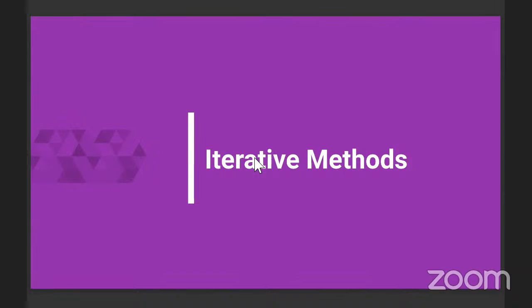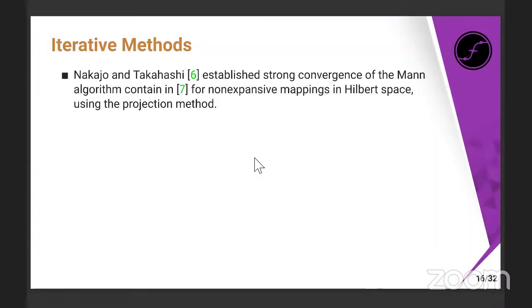Consequently, many efforts have been devoted by different researchers in this important area, and they developed many iterative algorithms. For example, Nakajo and Takahashi: we know we have what we call Mann iterative algorithms for approximating fixed points, Ishikawa, Halpern, and Picard iteration algorithms as classical iterative methods for fixed points.